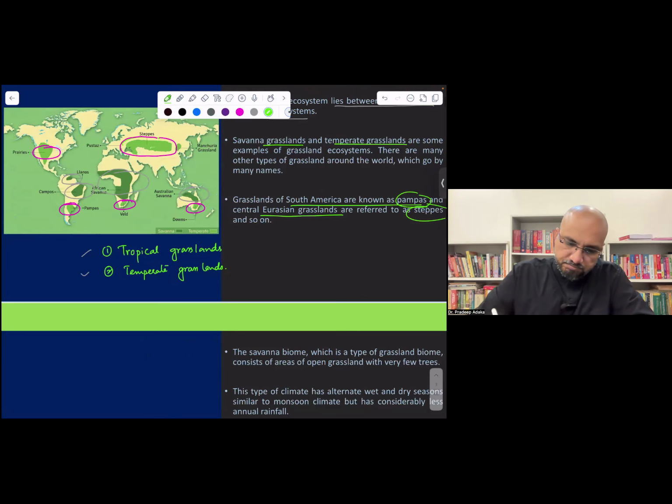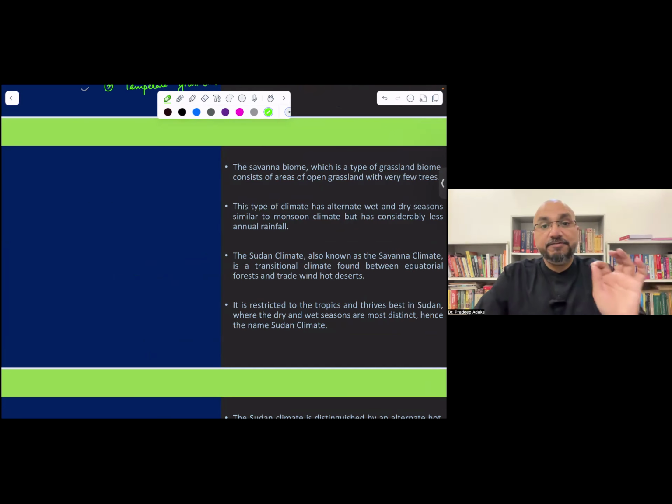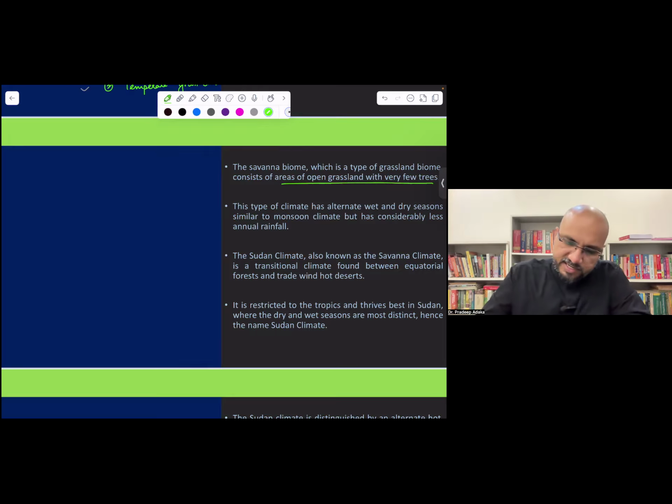So the savanna biome, which is a grassland biome, consists of areas of open grassland with very few trees. One of the species that you commonly see is acacia. We'll cover different flora species commonly seen in savanna, but acacia is one of the common trees that you see in savanna grasslands.